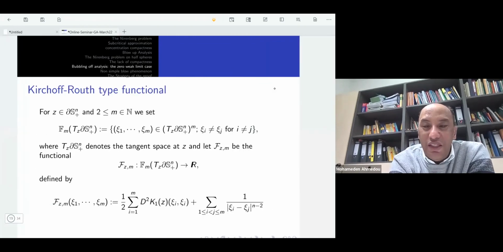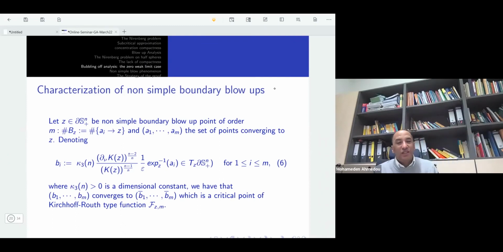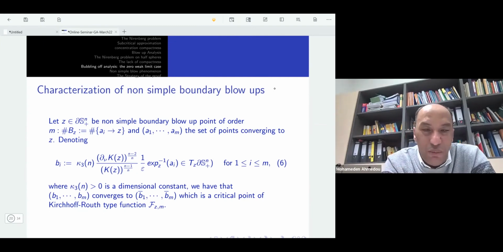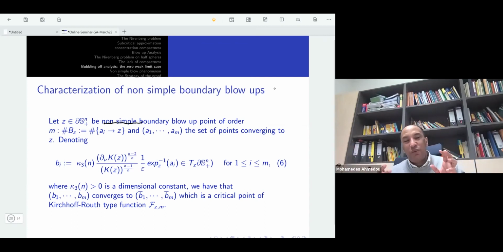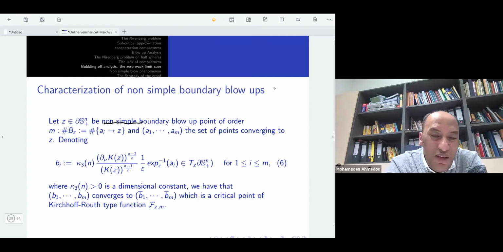So what is the relation between this Hamilton function and your non-simple blow-up? If you assume that you have a non-simple blow-up situation, so you have a point which is non-simple blow-up, which means that you have more than one sequence converging there, then you can rescale. What you do is that you rescale the distance of ai zi times 1 over epsilon, and if you rescale it, they will converge to a critical point of this function here.